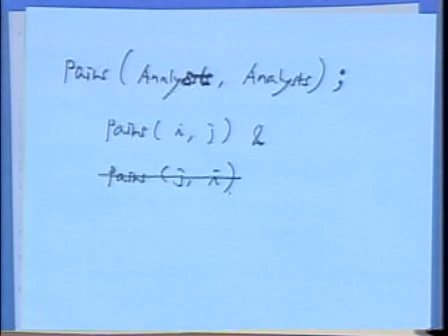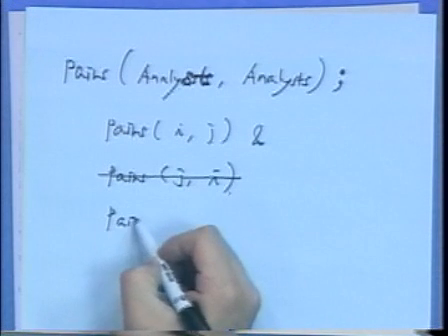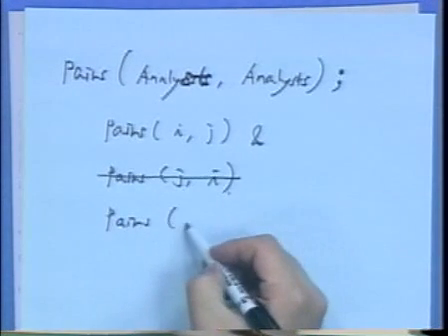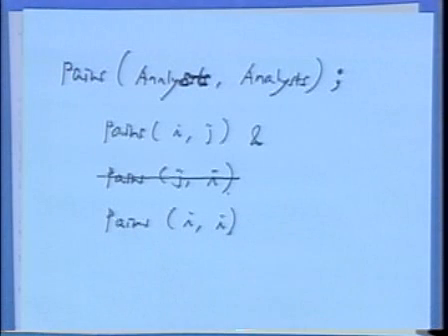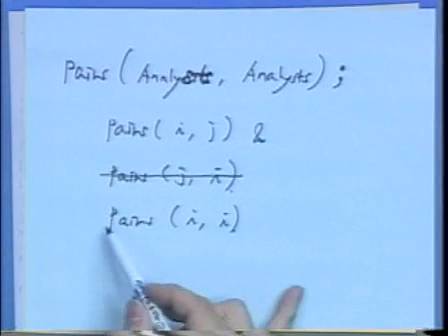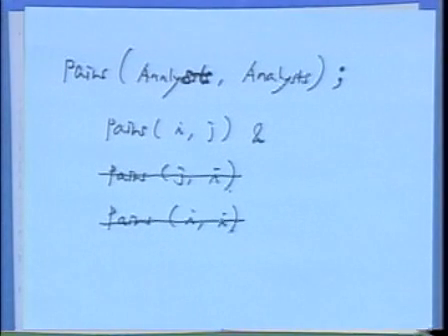each analyst cannot be paired with themselves, right? That is, pairs ii should be excluded, right?